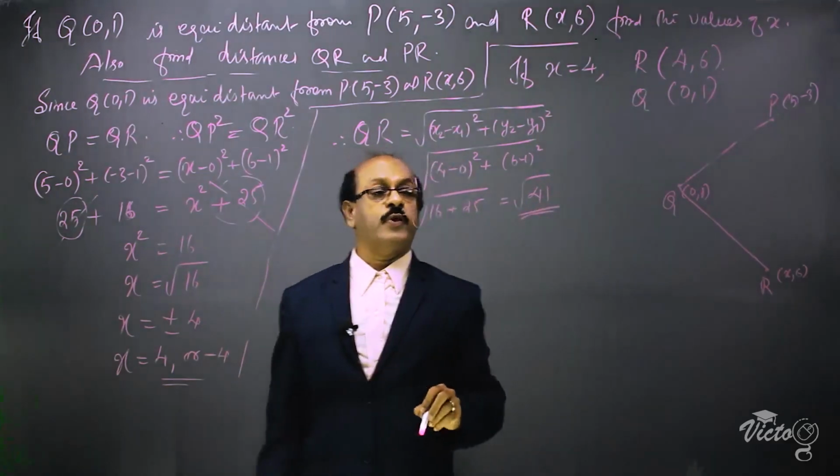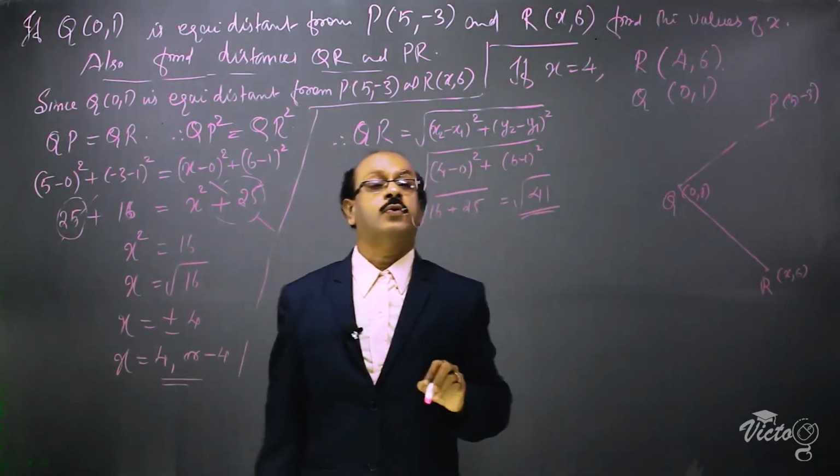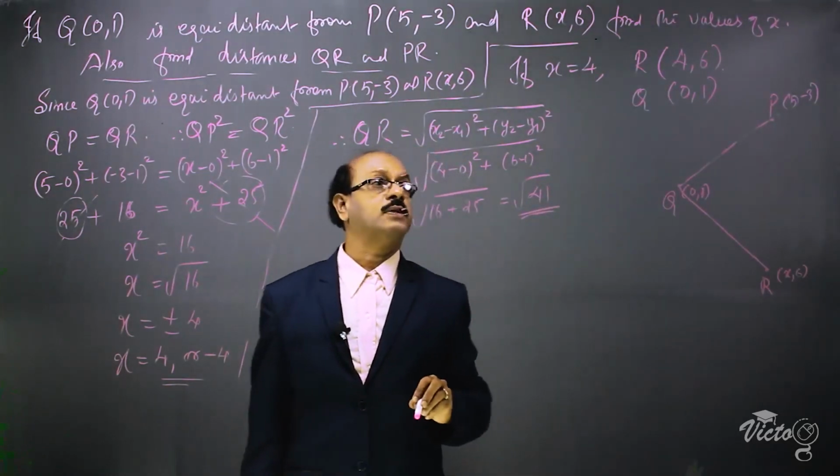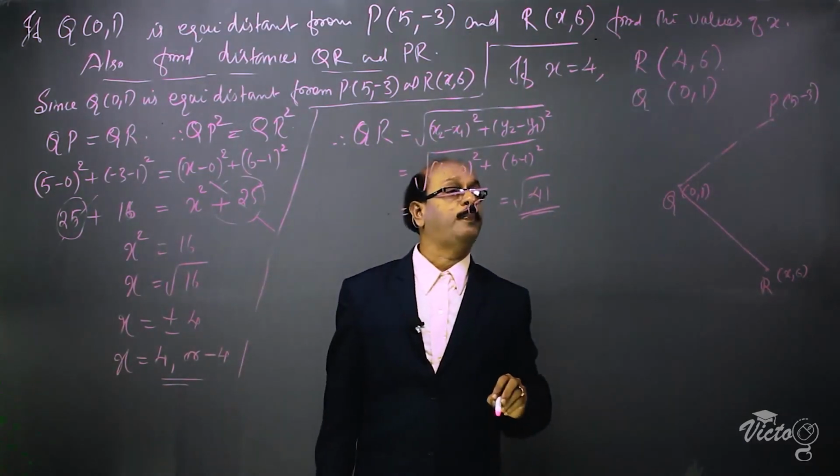Since 41 is not a perfect square, QR is root 41.